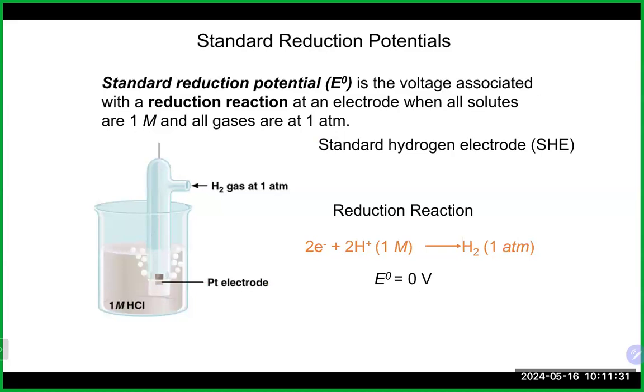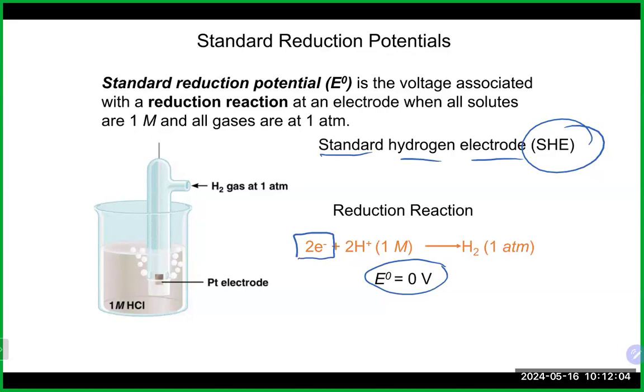For standard reduction potentials, they chose the hydrogen electrode, sometimes referred to as the standard hydrogen electrode, or SHE. They gave it a value of 0 volts. This again is a reduction reaction as written, as our electrons are being added to our hydrogen.